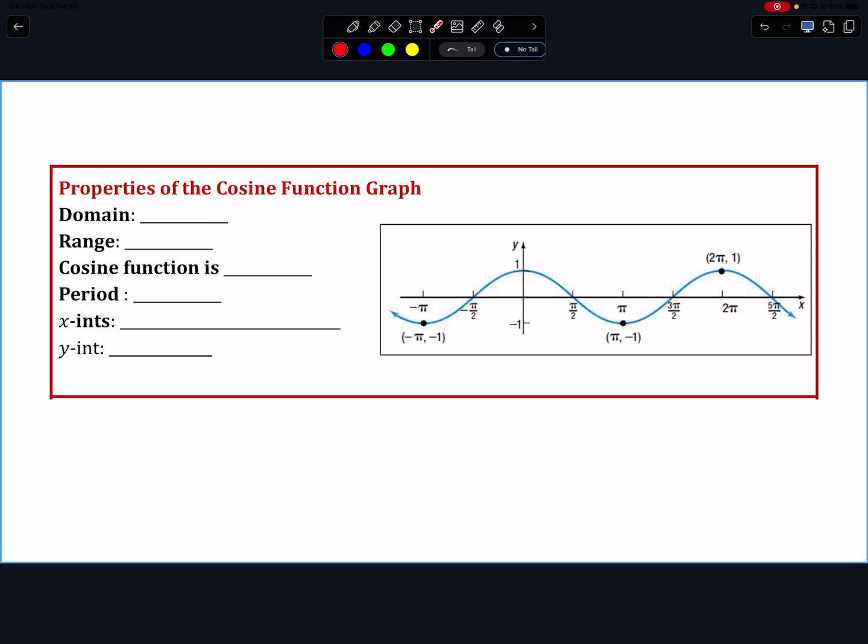All right, so if you're looking at the cosine wave, I'm going to highlight this portion right here because this represents one period or one cycle.